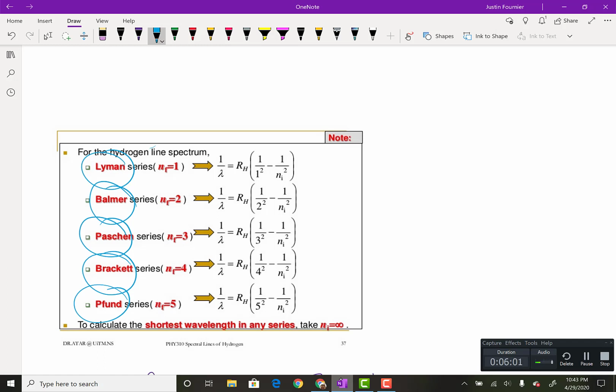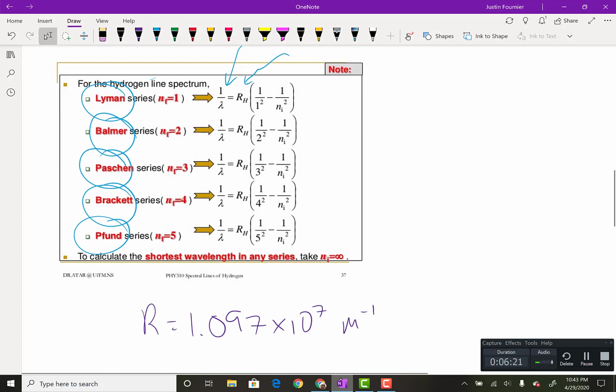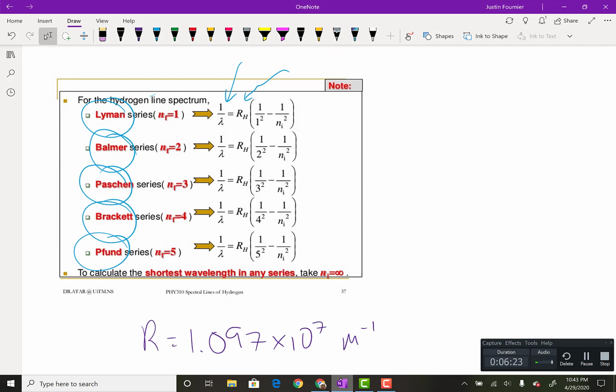We'll start with Lyman. Lyman was basically like, "Hey, when I do the inverse, 1 over the wavelength of the light that's being projected here, it's equal to this constant, this weird constant that we call the Rydberg constant, I believe.